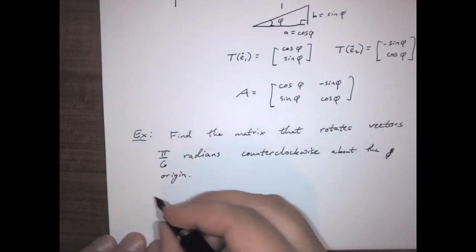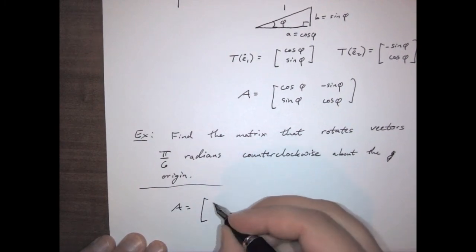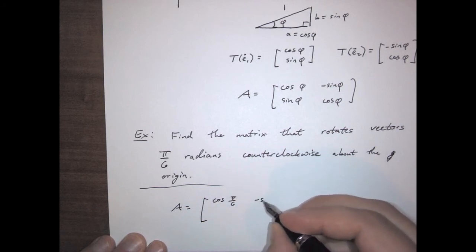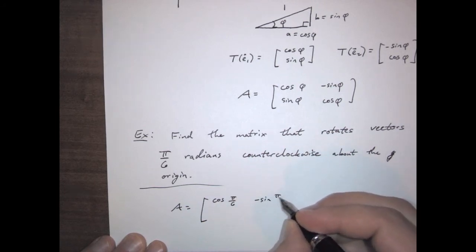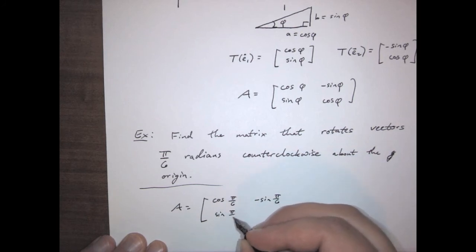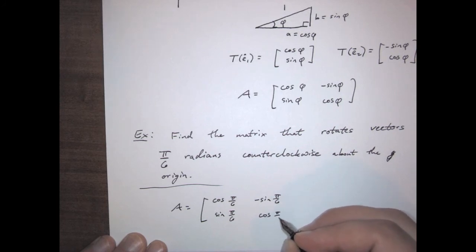So then, here we've got everything just the way we want it. It's just going to be cosine pi over 6, negative sine pi over 6, sine pi over 6, cosine pi over 6.